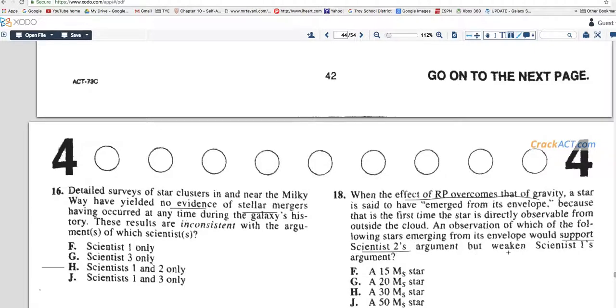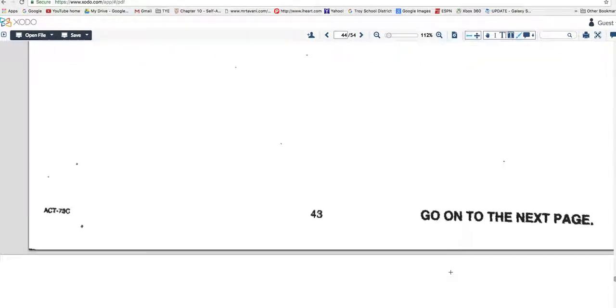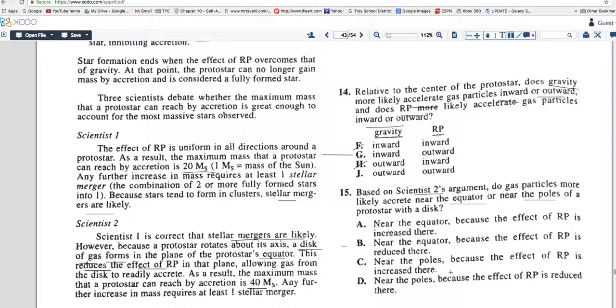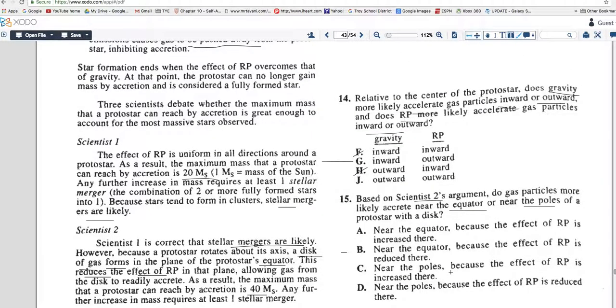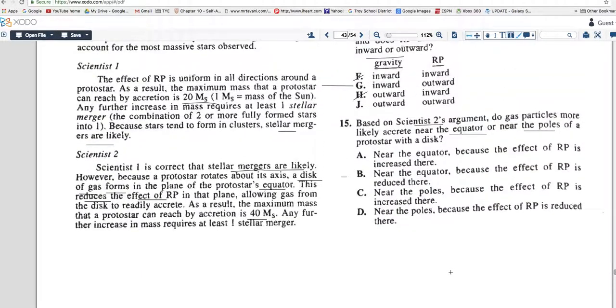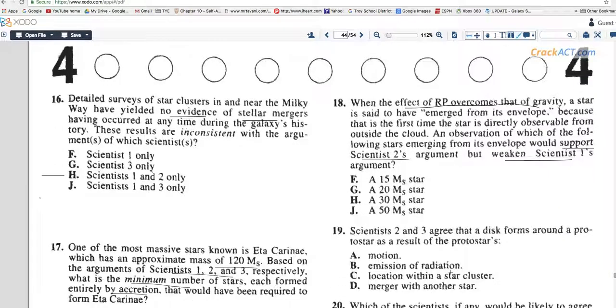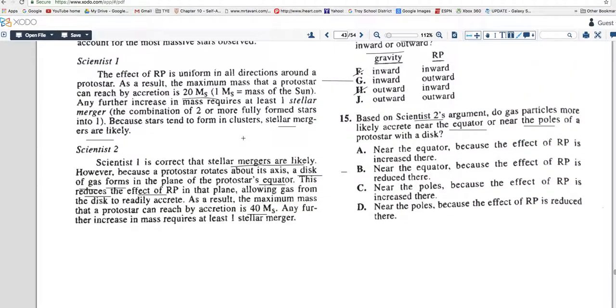And then you'll go to scientist 1 and scientist 2 in the description, and it says in scientist 1 that the maximum mass is 20 ms. So the maximum for scientist 1 is 20 ms, and the maximum for scientist 2 is 40 ms. So it has to be between 20 and 40. So the answer is H. Good. 30. So that would support scientist 2, but weaken scientist 1, because scientist 1 said you can't go over 20. So if we choose a number 30, that's above 20, but that's below 40.